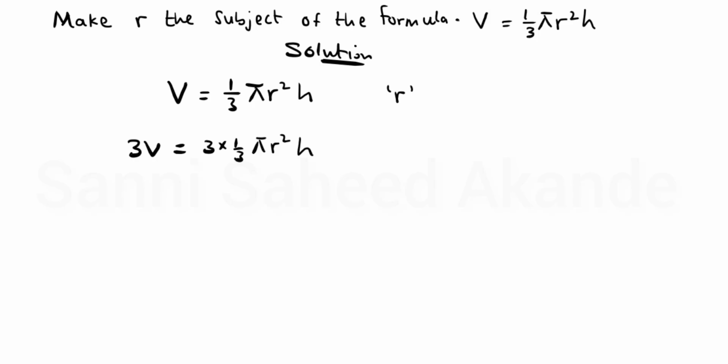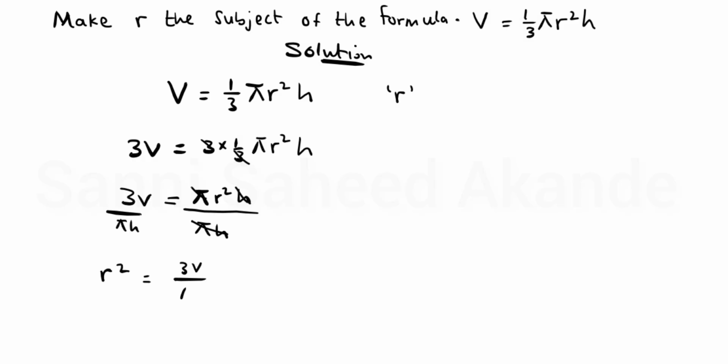Okay, so this 3 will cancel this 3, so we are left with 3V is equal to pi R squared h. So we are targeting R to be the subject of formula, so I will say divide both sides by pi h. Okay, so this pi h will cancel this pi h, so we are now left with R squared equal to 3V divided by pi h.